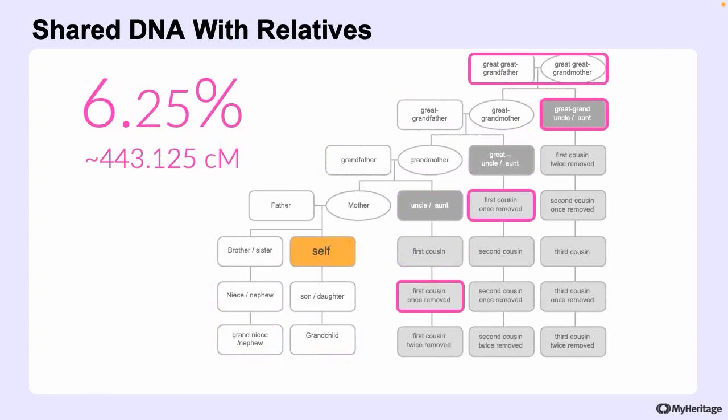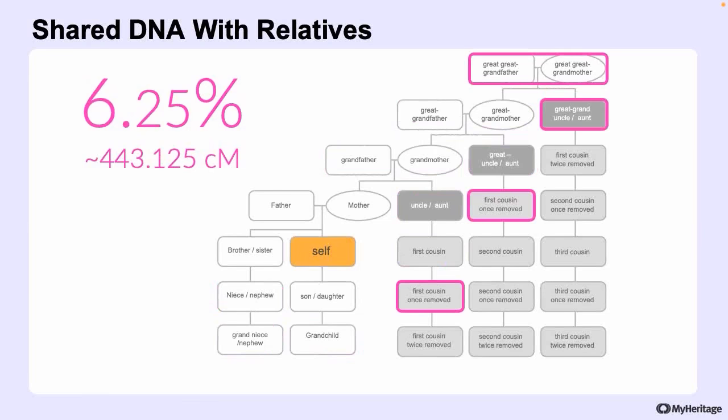So the first conclusion is that the amount of DNA that we share with a person indicates the relationship types. And the second conclusion is that the more DNA that we share, the closer this person is to me. 6.25% means this person can be maybe our first cousin once removed, which is the cousin of our parent or the child of our first cousin.